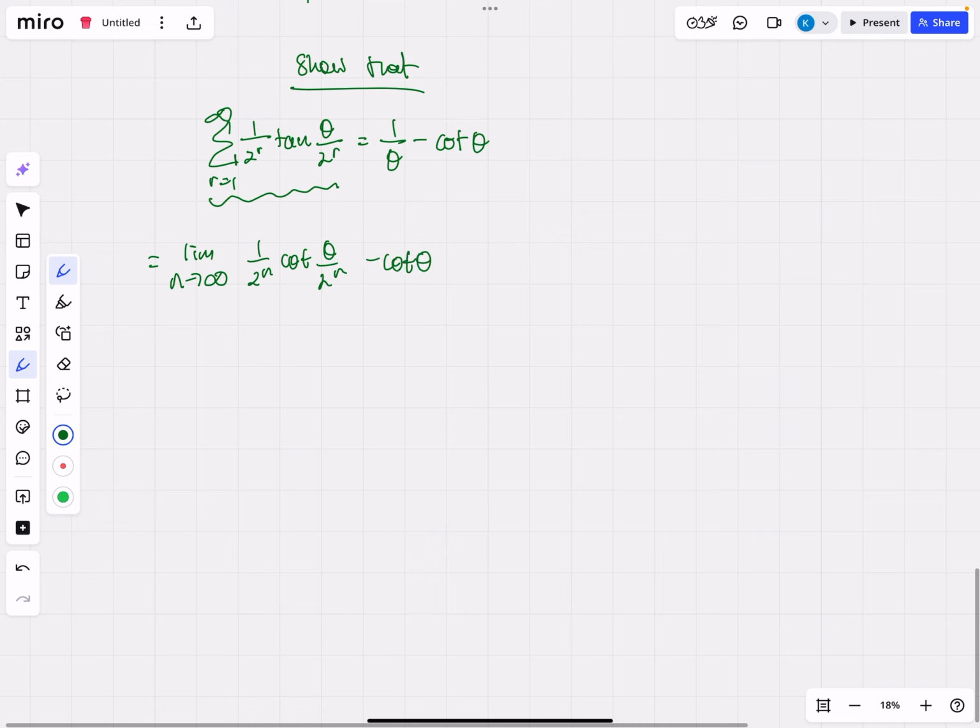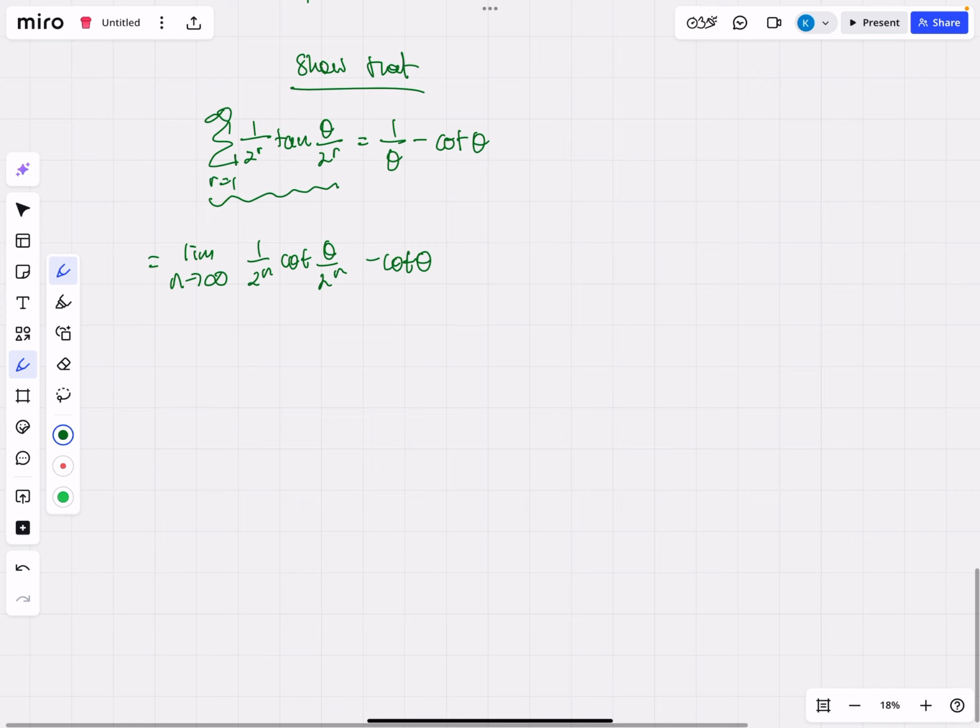Now, why is that true? Well, that sum, we said that that sum is equal to 1 over 2 to the n cot theta over 2 to the n. But now we need to substitute an infinity. But in terms of mathematical rigor, we should really be taking the limit as n approaches infinity.